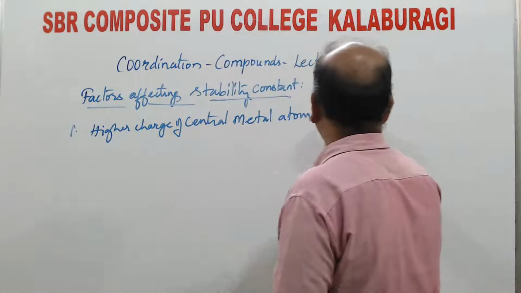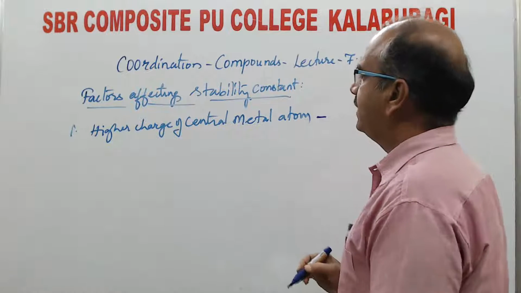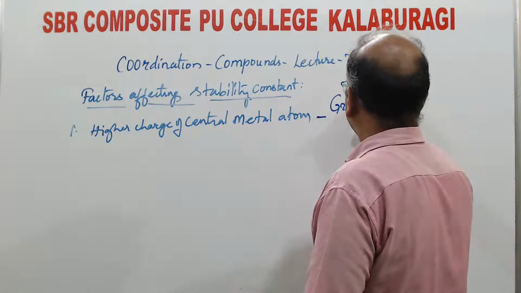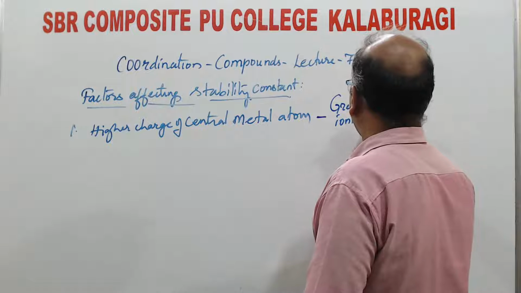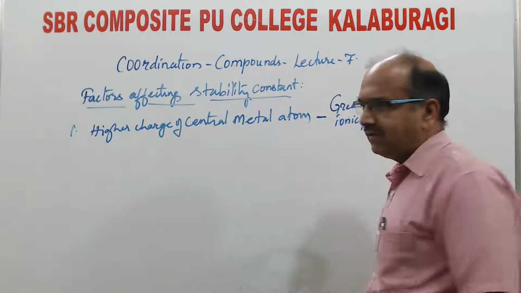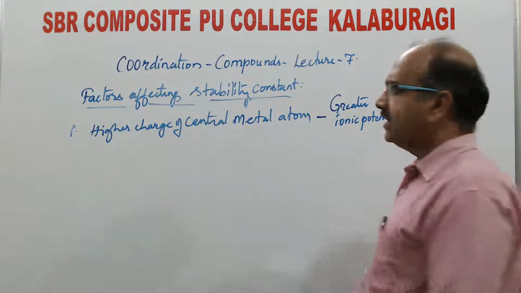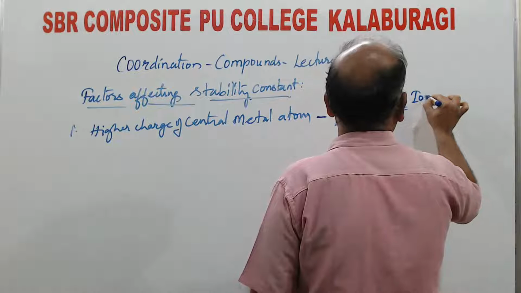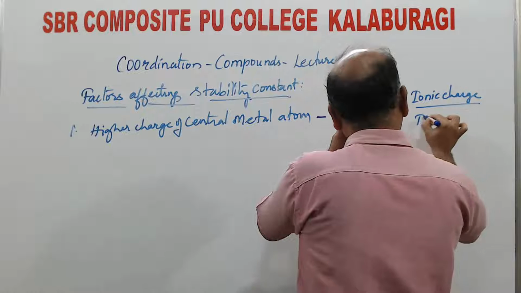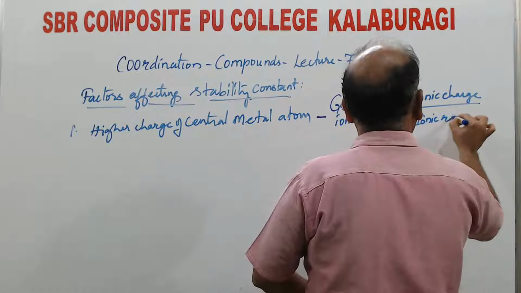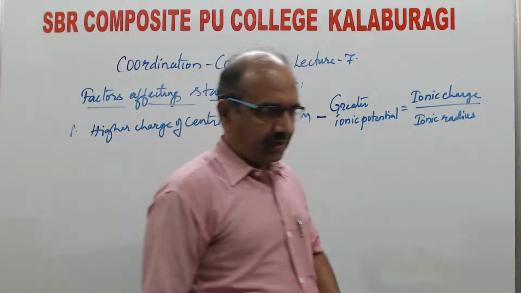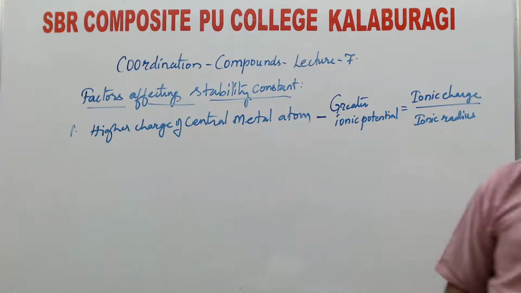So what is the meaning of higher charge of the central metal ion? It shall be greater ionic potential. And this greater ionic potential is given by ionic charge by ionic radius, and greater will be the stability.